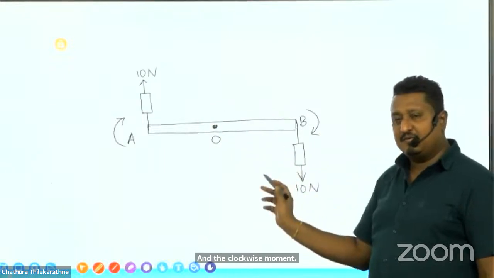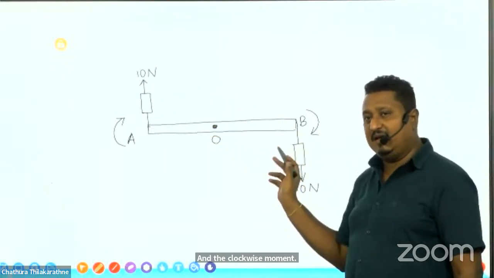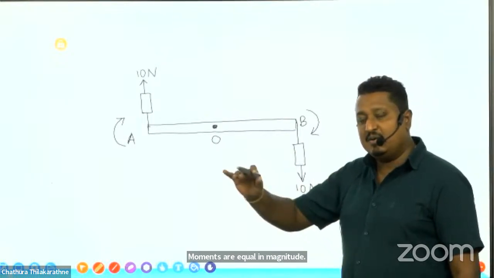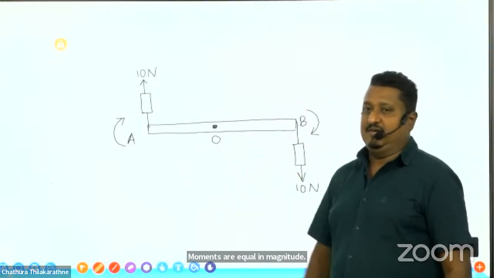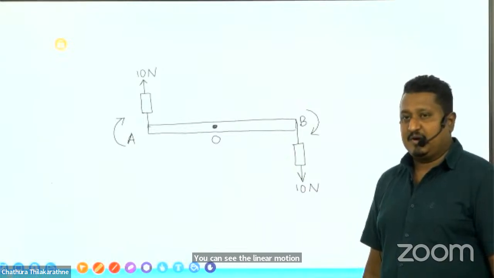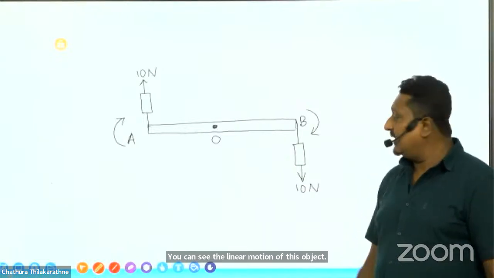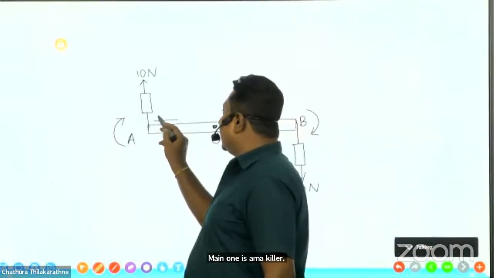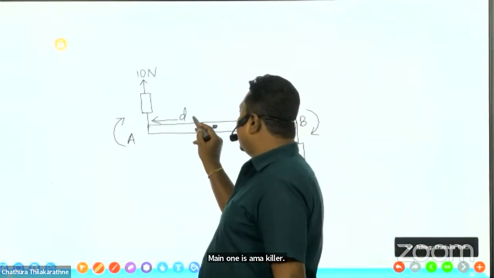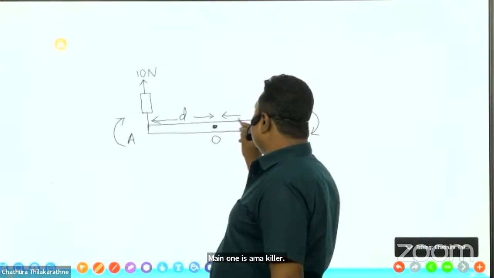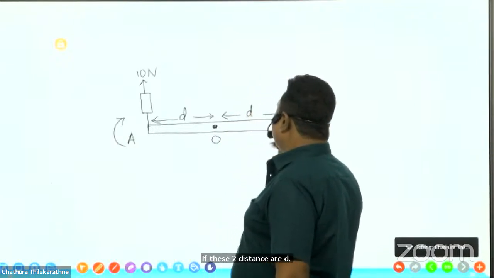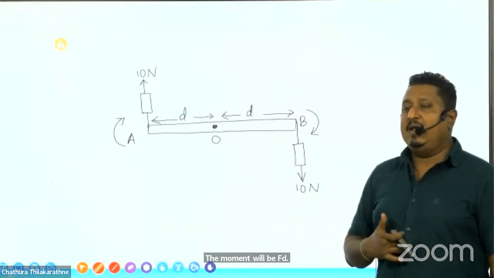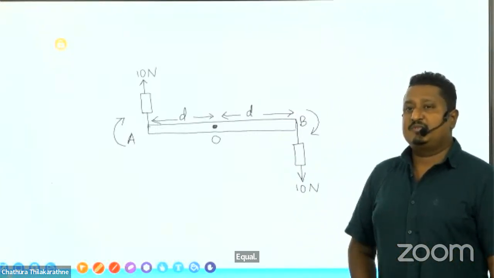Since these two moments are equal in magnitude, you can see no linear motion of this object. If these two distances are D, the moments will be equal, FD. Then no linear motion of the object can be seen.